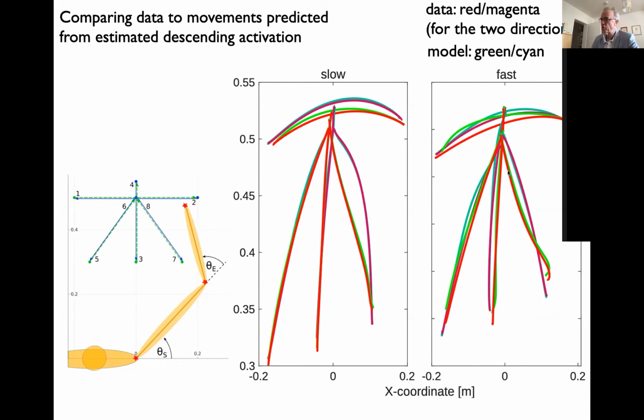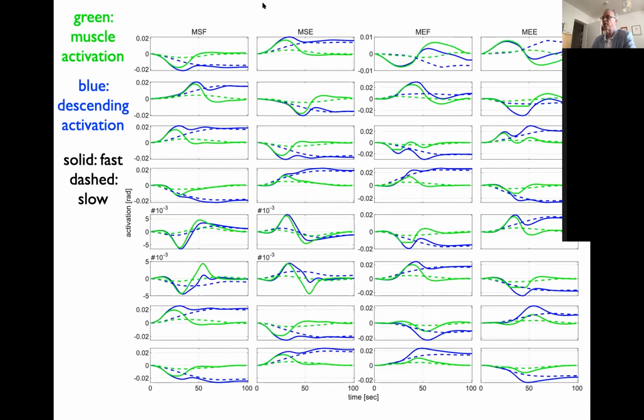And the interesting thing from that is that we can thus really see in these movements what the muscle activation is compared to what the descending activation is. So the green is muscle activation for 4 muscles, and I think like 8 movements perhaps. And they vary in workspace. That's what I said earlier.